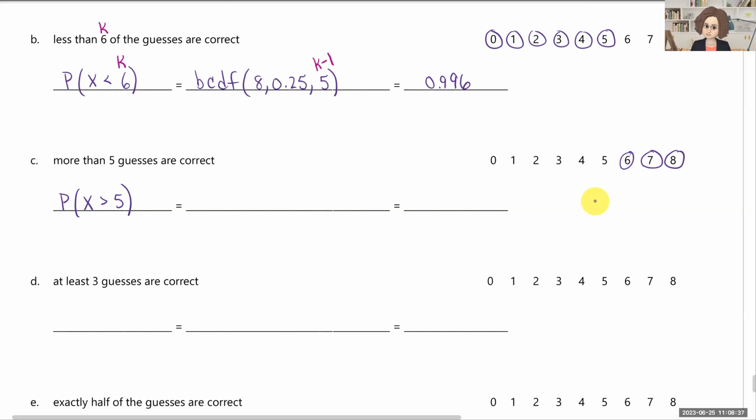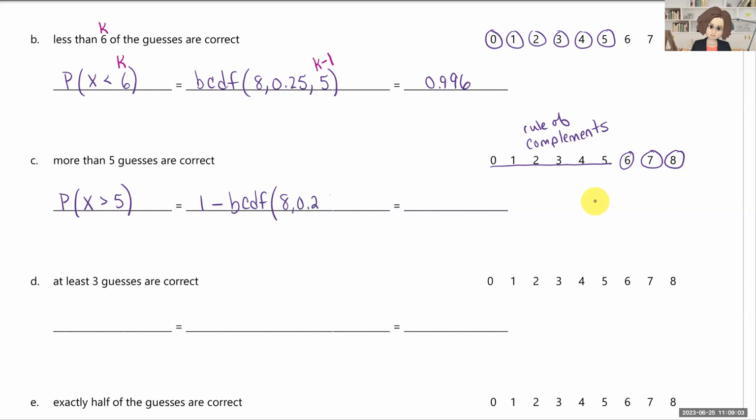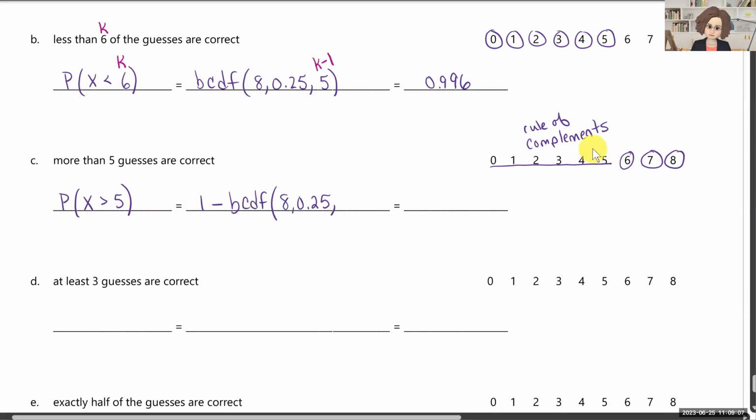And so this is the case where we apply the rule of complements, because we can use Binomcdf to find the complement. So it's going to be 1 minus Binomcdf, and that complement we can find by using n, p, and the complement ends at 5.